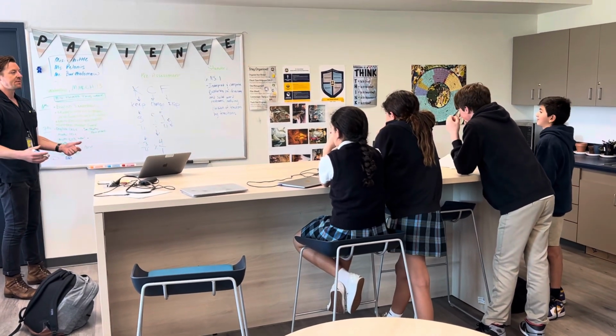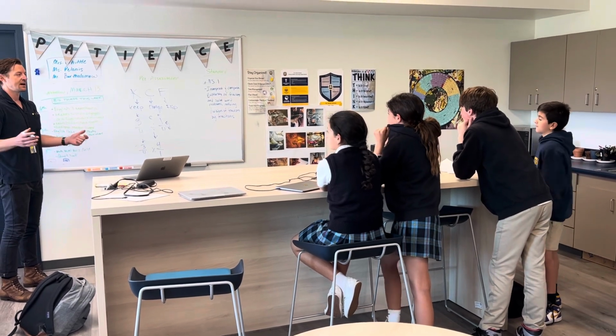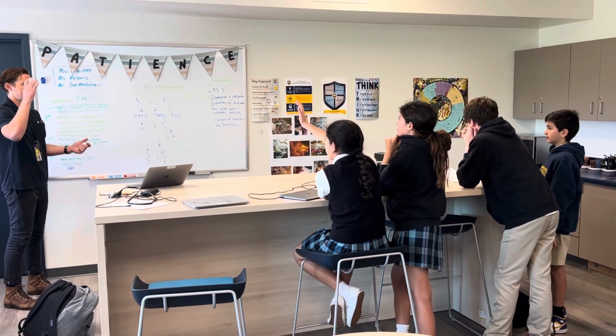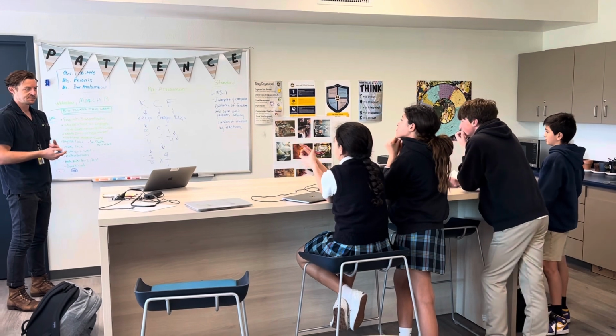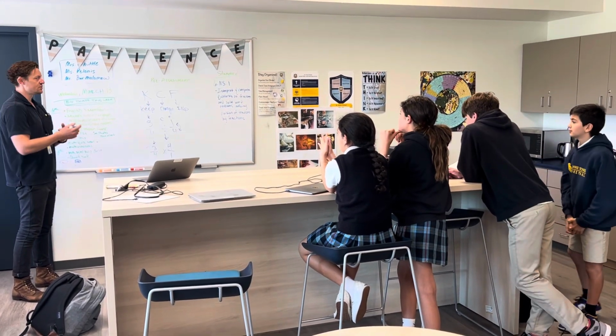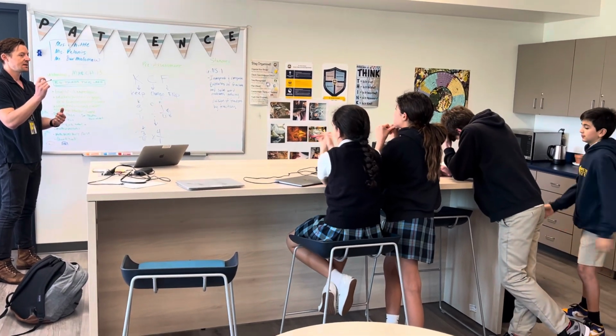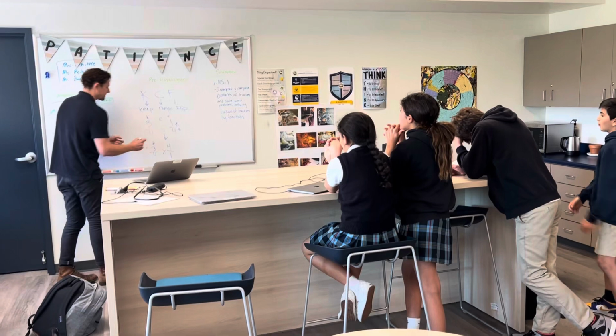Now the last step is multiplying the fractions, right? And how do we do that? Yes, Gianna. Do you just do across on the top, or across on the top and bottom? Across on the top and bottom, right?